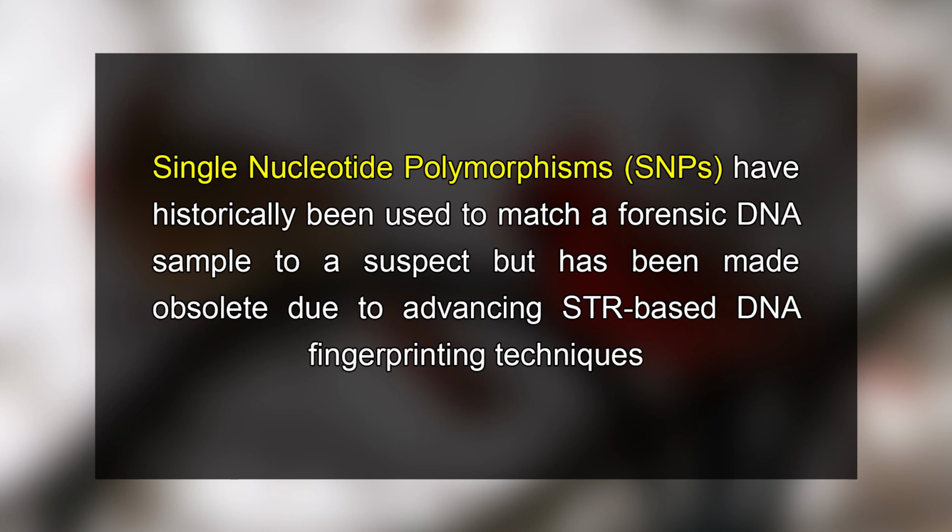SNPs have historically been used to match a forensic DNA sample to a suspect, but this has been made obsolete due to advancing STR-based DNA fingerprinting techniques. However, the development of next-generation sequencing, or NGS, technology may allow for more opportunities for the use of SNPs in phenotypic clues such as ethnicity, hair color, and eye color with a good probability of a match.